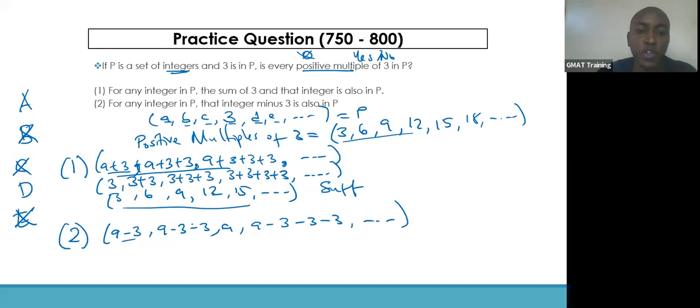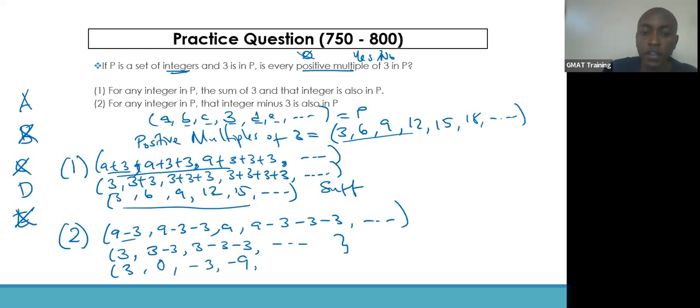But you're not focused on this sequence of A. We're focused on what was included in P from the question prompt. That's 3. So we have 3, then 3 minus 3, 3 minus 3 minus 3, and so on. So you have 3, 0, negative 3, negative 6, negative 9, negative 12, negative 15, as you go on.